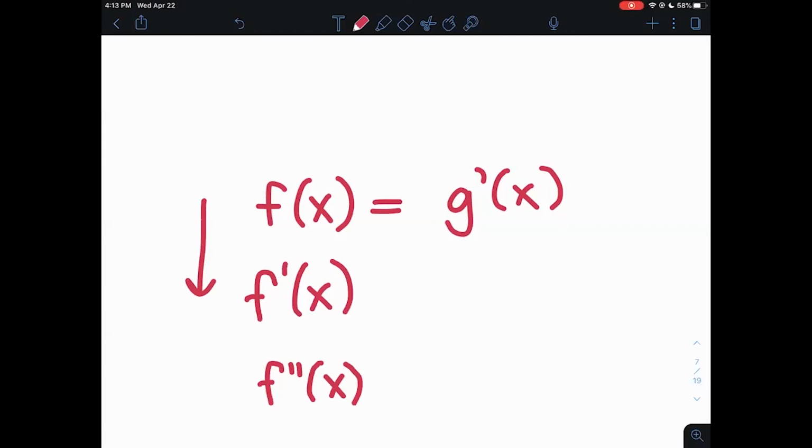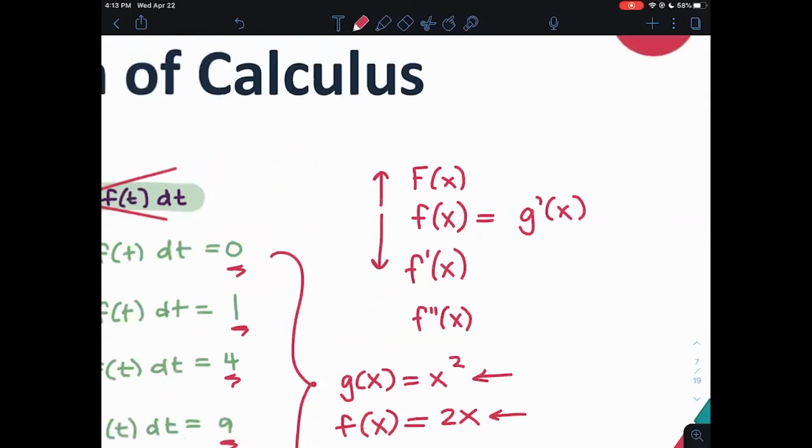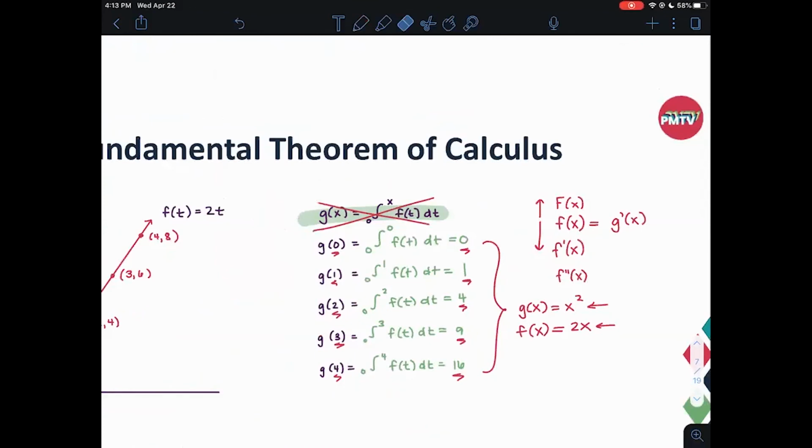If I instead go up, I start integrating, then we end up with the antiderivative of f, which is generally written as a capital F. That's the exact same thing as saying the integral of f of x. Now, from this part right here, I already know that g of x is equal to the integral of f of x.